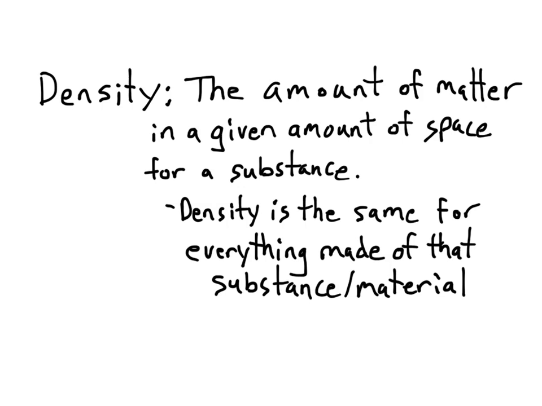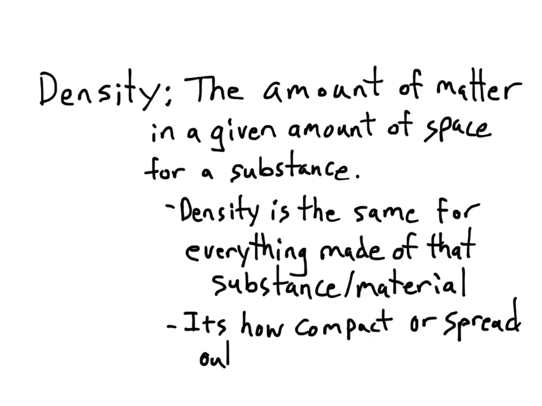If I were to have a larger chunk of aluminum, this bigger one is going to weigh more. But the spacing of the atoms is the same, and if I were to cut off a piece exactly the same size, it would weigh the same. So density is more about the spacing of the materials. It's how compact or spread out the material in it is. That's what density is about.